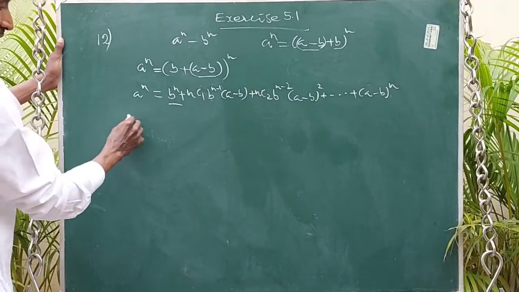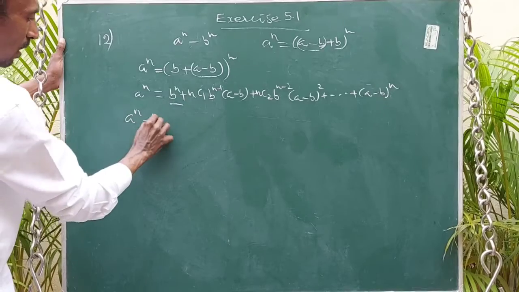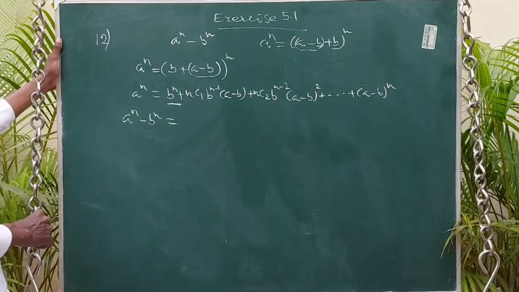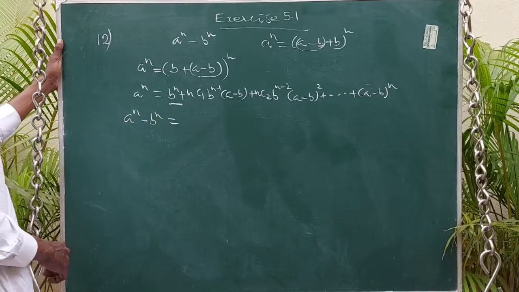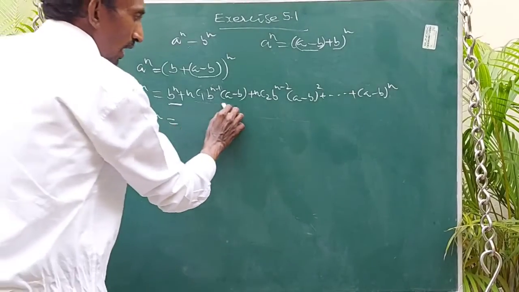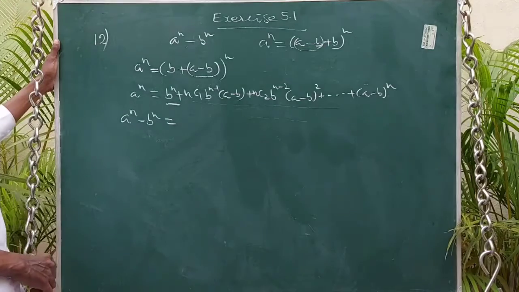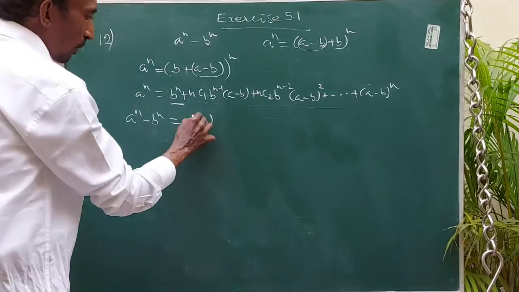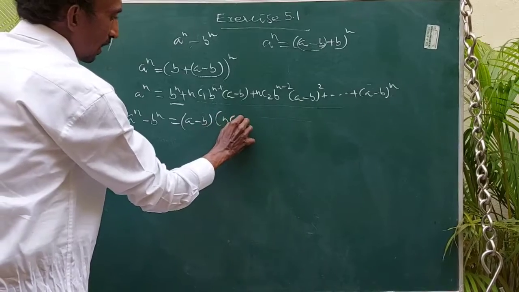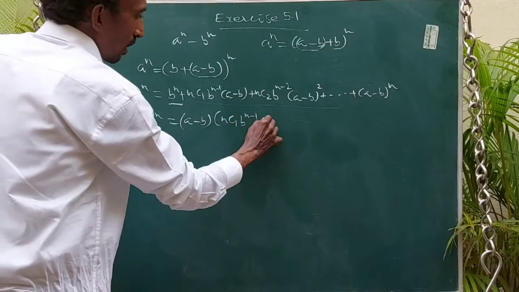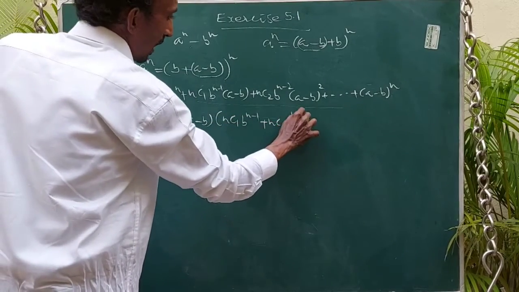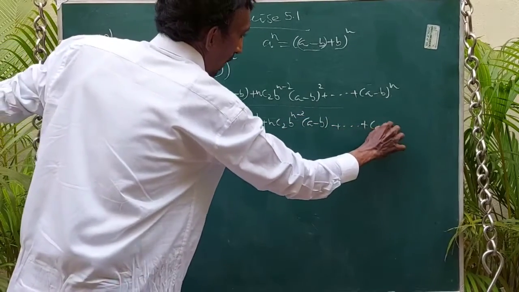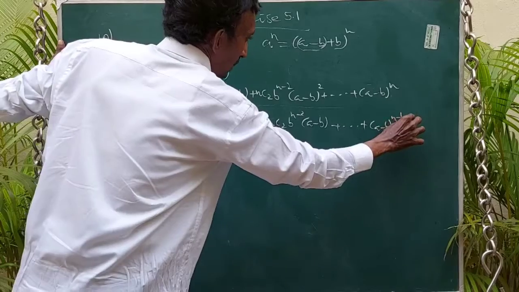So if we change the side, just move the first term alone, we get a power n minus b power n equal to, look here, all are multiples of a minus b. So we can write this as a minus b into nC1 b power n minus 1, plus nC2 b power n minus 2 into a minus b, etc., up to a minus b the whole power n minus 1.